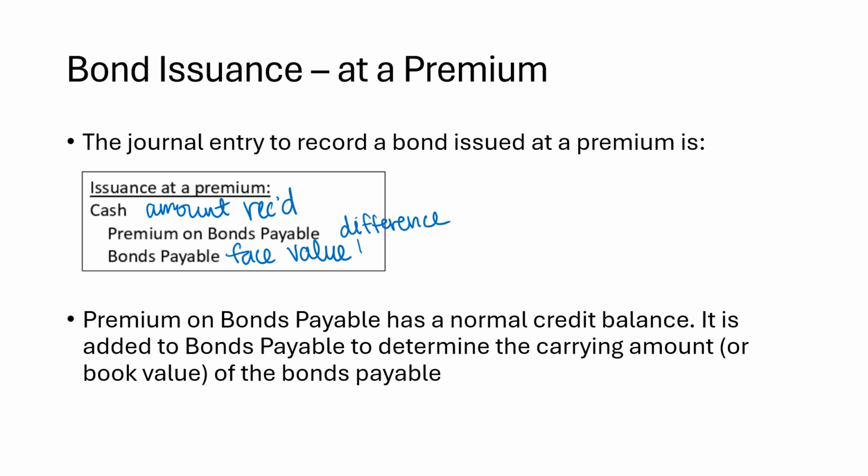So if you can figure out a couple parts of the journal entry, then even if you don't remember whether premium on bonds payable needs to be debited or credited, you can see whether the debit side or the credit side of the journal entry needs that additional amount. So premium on bonds payable has a normal credit balance. That is why we credit it when we are initially recording a bond premium.